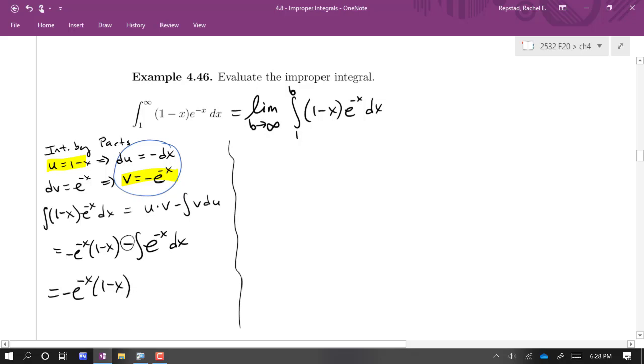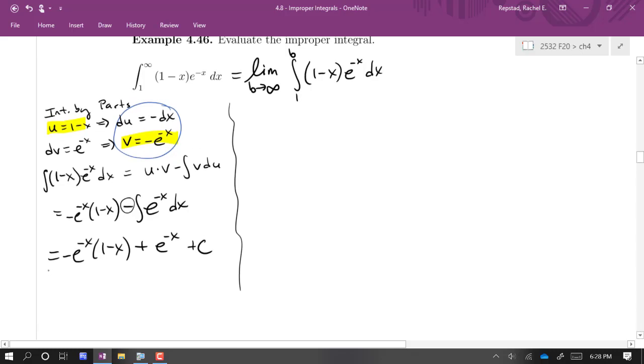And because of this negative outside, that'll turn into a plus e to the negative x, plus a constant, since I'm writing this as an indefinite integral. Let's simplify a bit. I'm going to distribute this first factor of e to the negative x. So we have negative e to the negative x plus x e to the negative x, and then plus e to the negative x plus c.